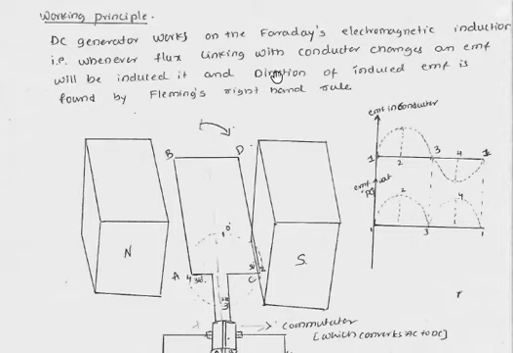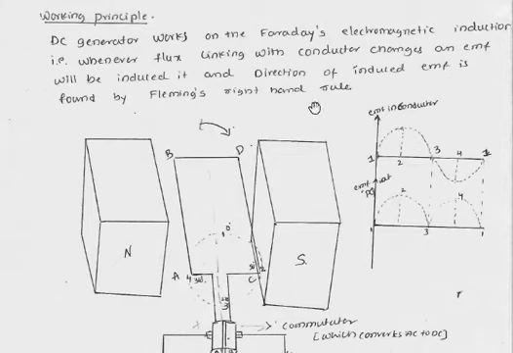And when we talk about a DC generator, unlike AC, DC has a definite polarity. So we need to know which direction the induced EMF would be, means which one would be the positive polarity and which one would be the negative polarity. The direction of the induced EMF can be found using Fleming's right hand rule.